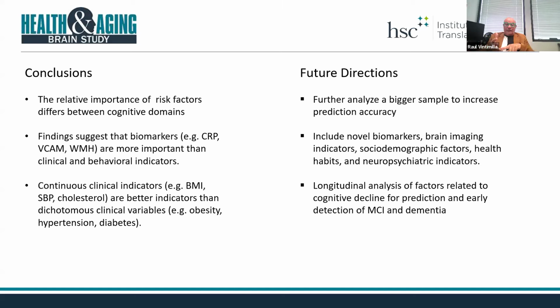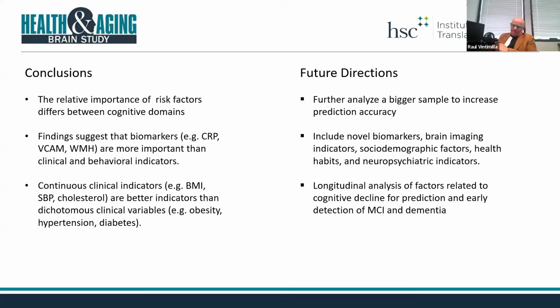Actually, AB40, 42, and CRP repeat in 7 of the cognitive domains. White matter hyperintensities, the MRI marker we use, repeat in 6 domains as one of the top 10 factors.